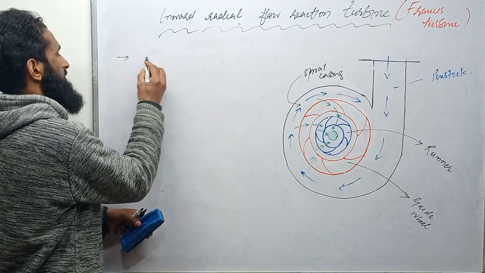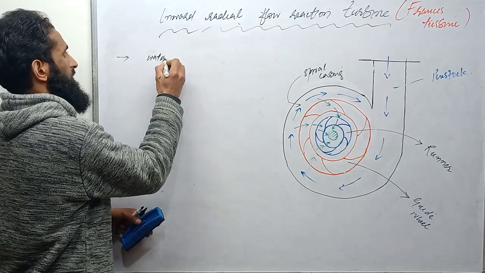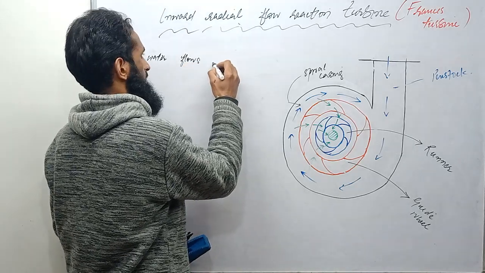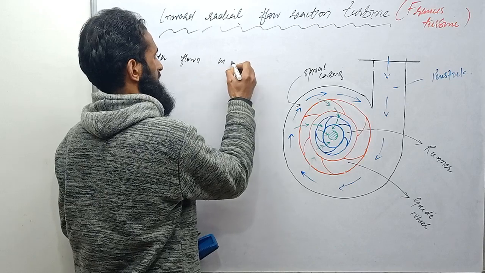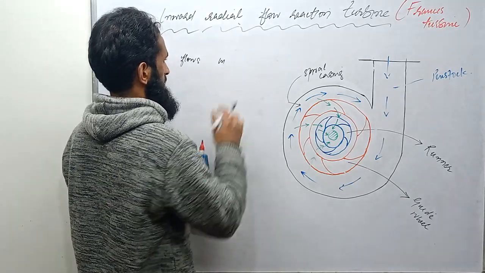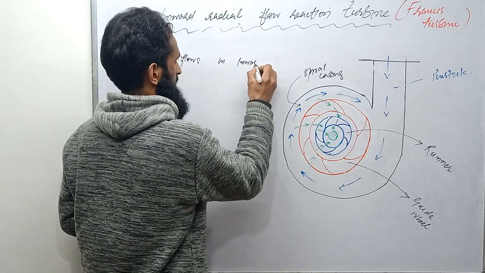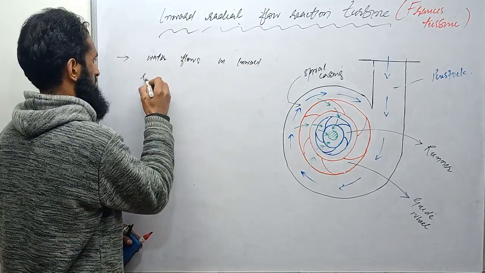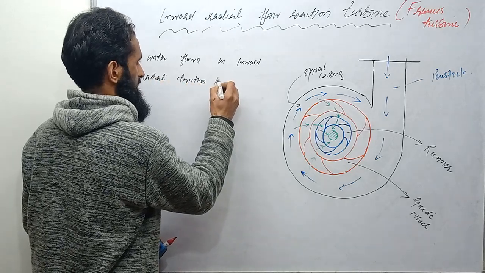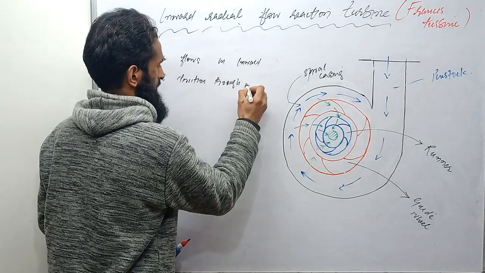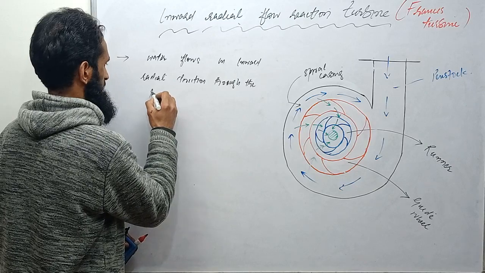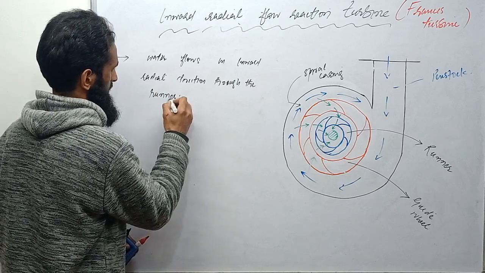The first point in this is water flows in inward radial direction through the runner.